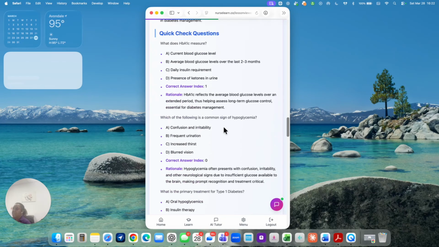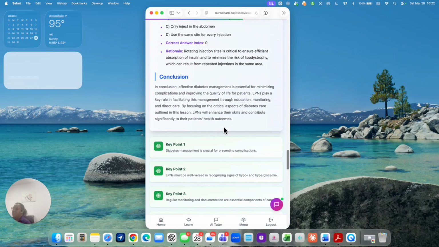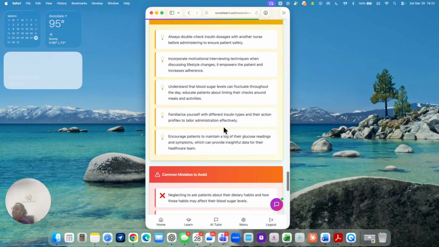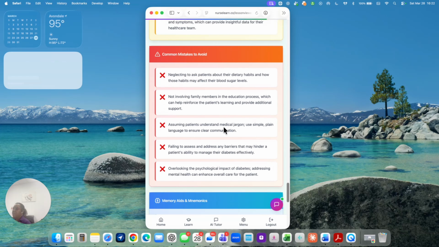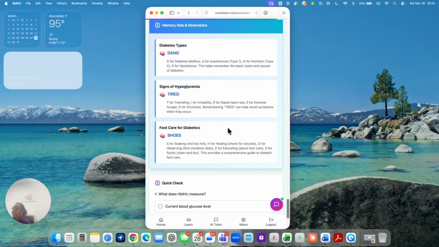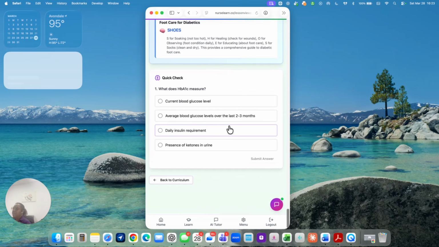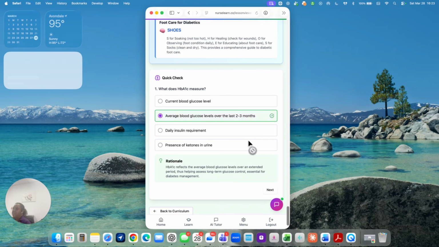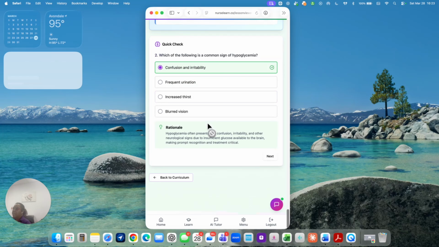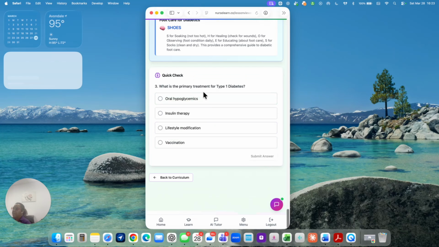Quick questions, conclusion, some key points, some pearls, mistakes to avoid, memory aids and mnemonics, and then a quiz at the end. I think each lesson has about 5 questions.